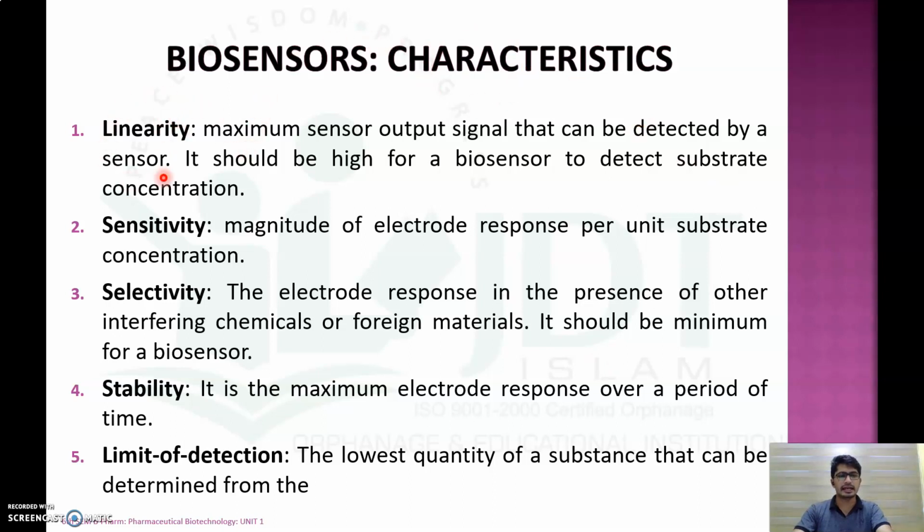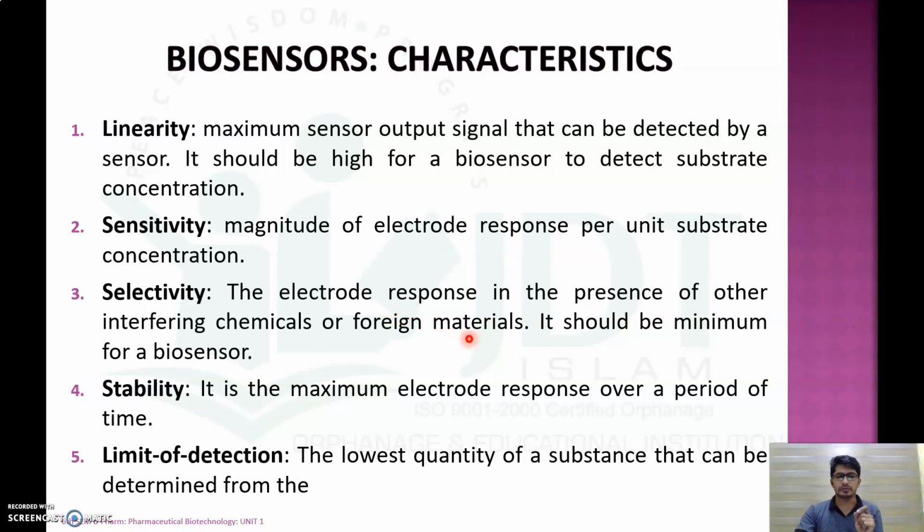First one is linearity. It is the maximum sensor output signal that is detected by the sensor, so it should be high for a biosensor. Second one is sensitivity. It is the magnitude of electrode response per unit substrate concentration. Another one is selectivity, the electrode response in the presence of other interfering chemicals or foreign material.